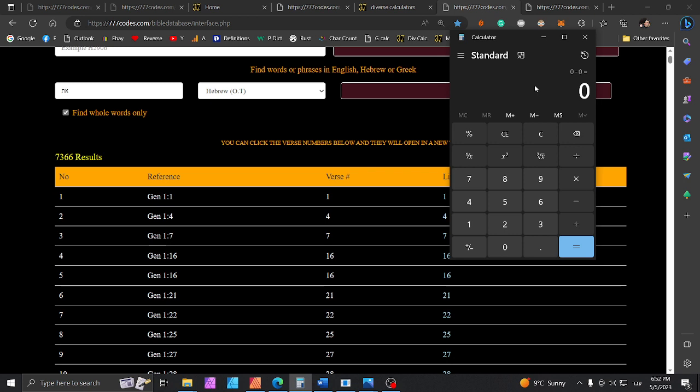let's see if I remember this now. If you take the number of verses in the Bible, which is 31,102, and divide it by the number of mentions of Aleph and Tav, you didn't get what I really thought you would get.